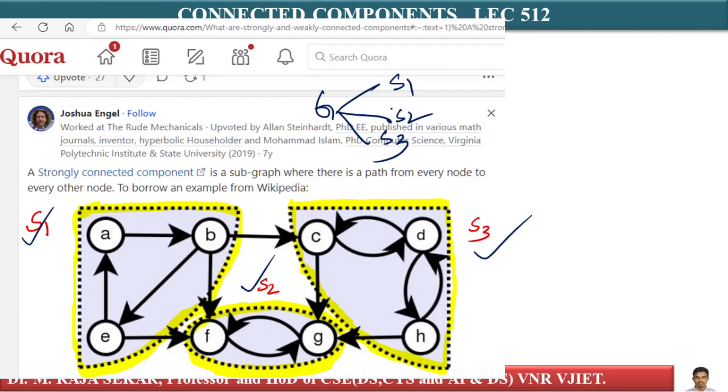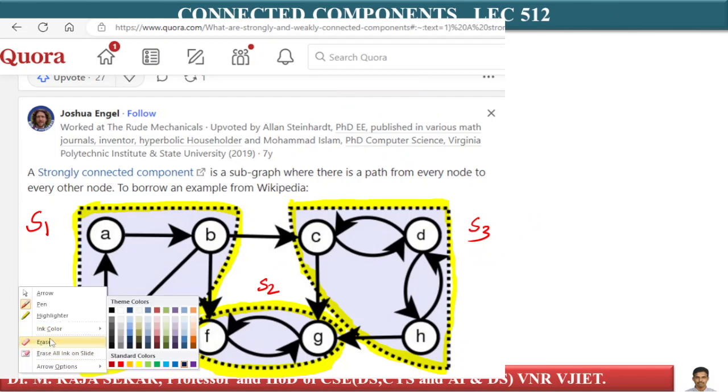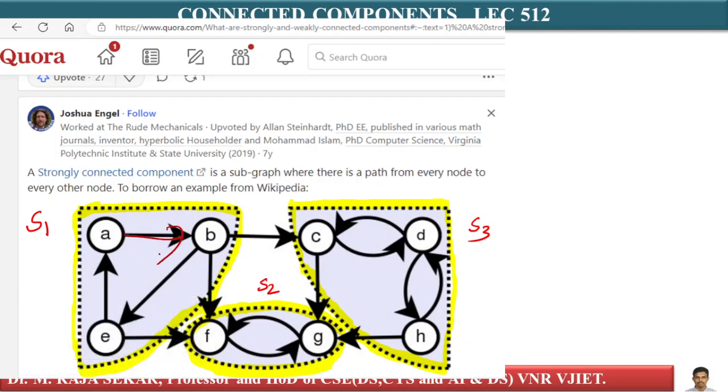In S1 I can go from A to B, and from A to E via B. I can also go from E to B. So I can go from any vertex in this subgraph to any other vertex.